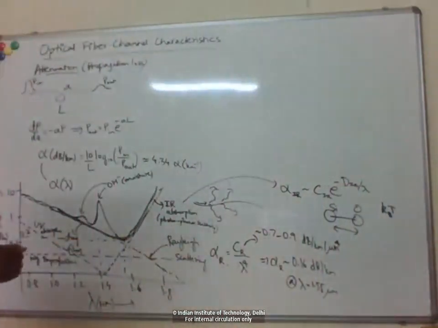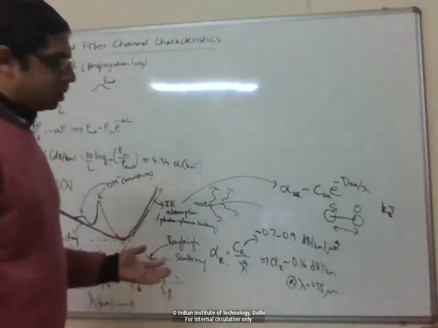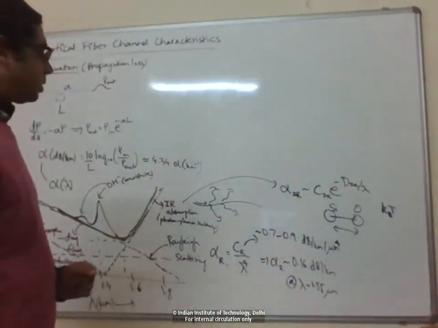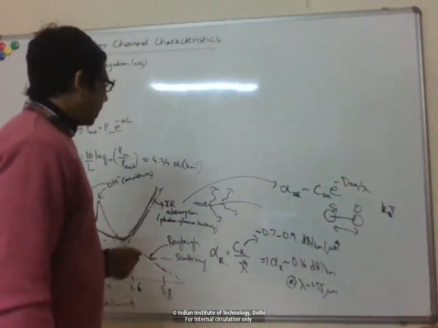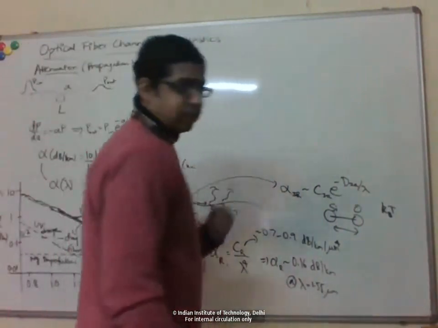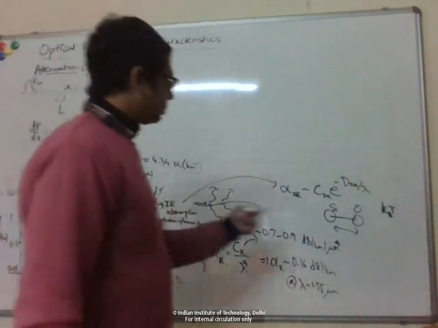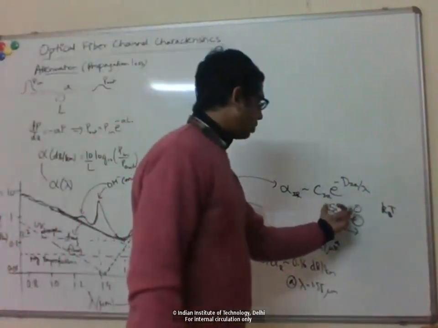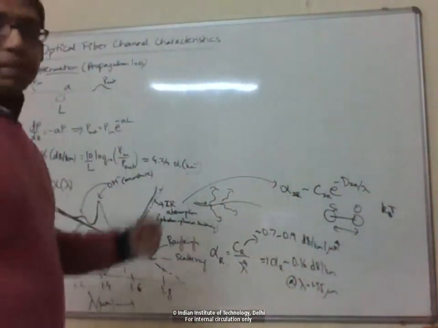This coupling between photons and phonons is again fundamental, and it is related to some of the nonlinear effects, like Brillouin scattering or Raman scattering, which are also this mechanism of coupling of molecular vibration to light.